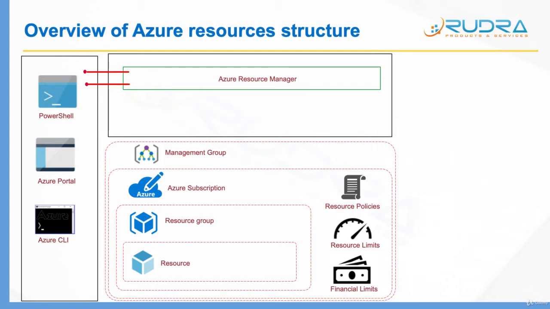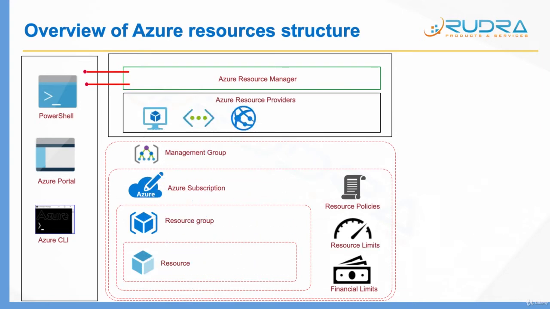However, Azure Resource Manager won't contain the complete functionality. It's just an umbrella. For example, once a request comes to Azure Resource Manager to deploy a virtual machine, it will identify the resource type as virtual machine, and delegate that request to the appropriate Azure resource provider. In this case, the virtual machine resource provider will manage or deploy the resource.